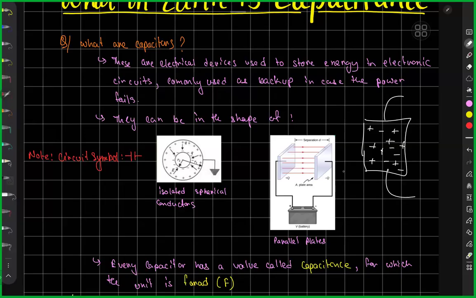When I connect this to a cell and plug it into a power supply, it separates all the positive charge to one side and all the negative charge to another side. The point is, all the charges get separated.